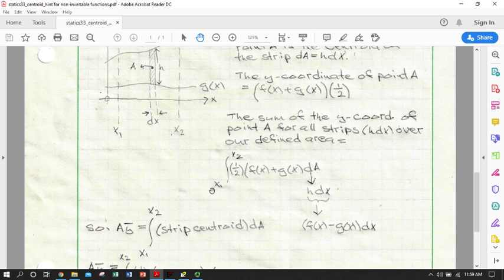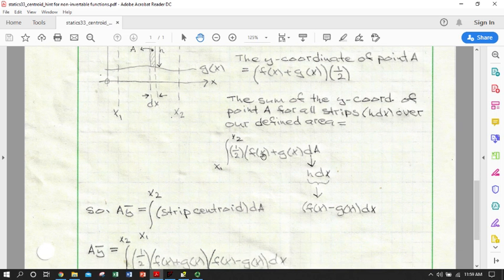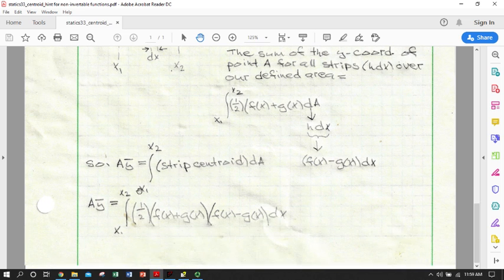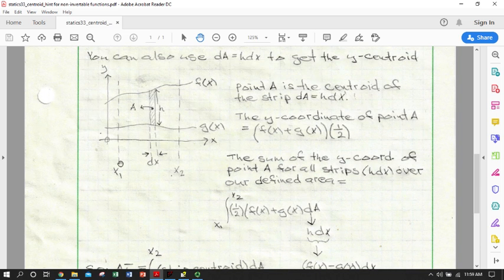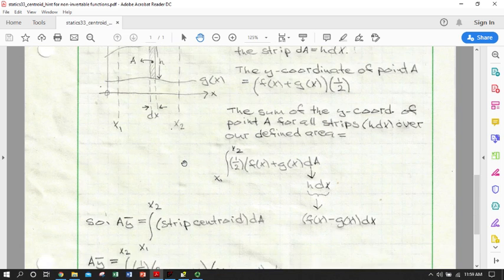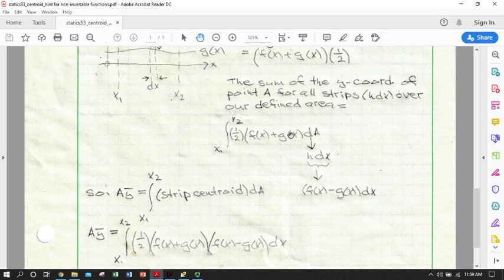So we're basically just doing a cumulative average between x1 and x2. We can identify the parts here. The 1/2 f of x plus g of x is effectively our strip centroid. dA we've already defined as h times dx, and h is f of x minus g of x. We're going to integrate from this x limit to this x limit. Notice that with the exception of the function values themselves, everything is now in terms of x.